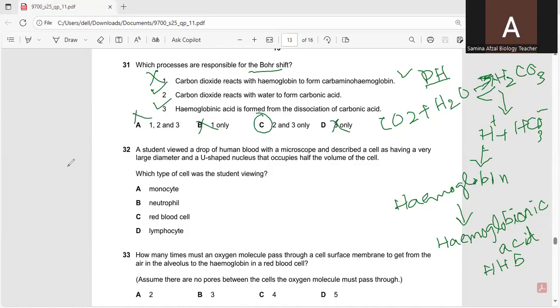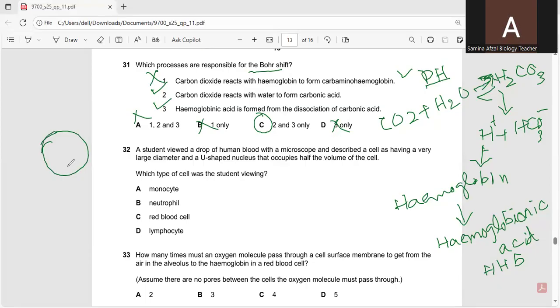You know, the monocytes, first of all, are leukocytes, and I would like to draw a monocyte.